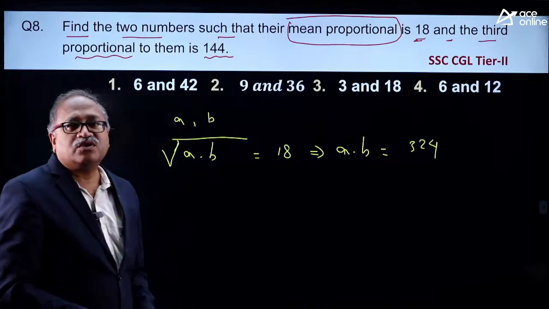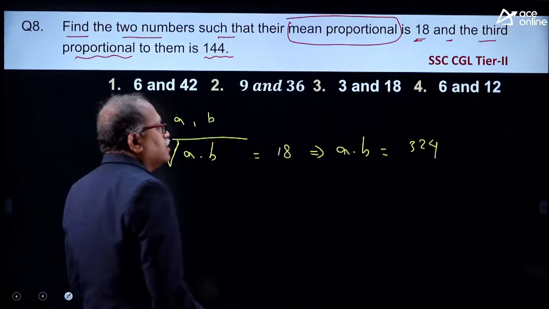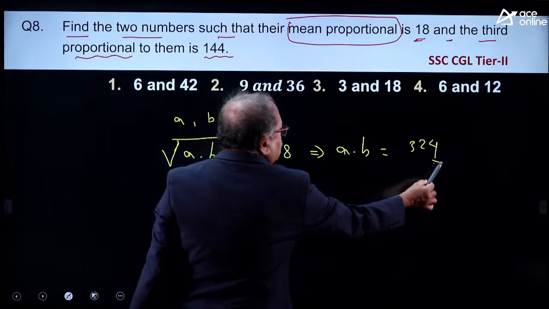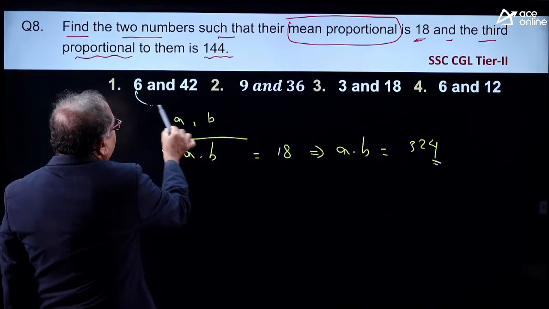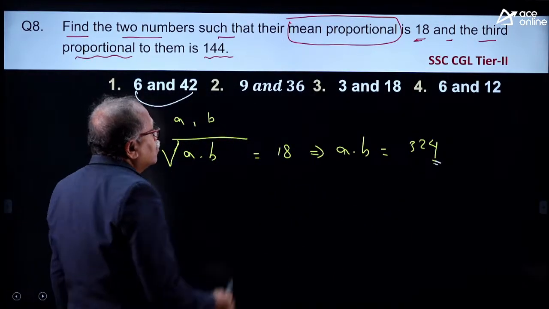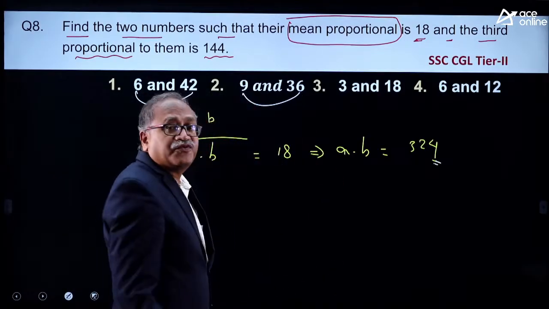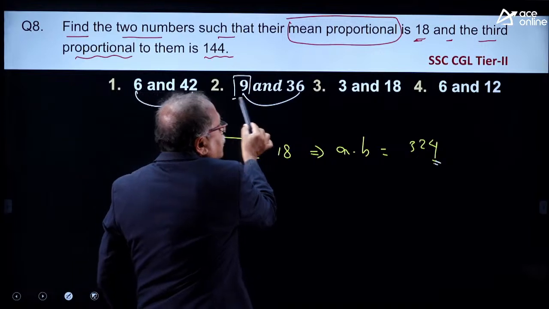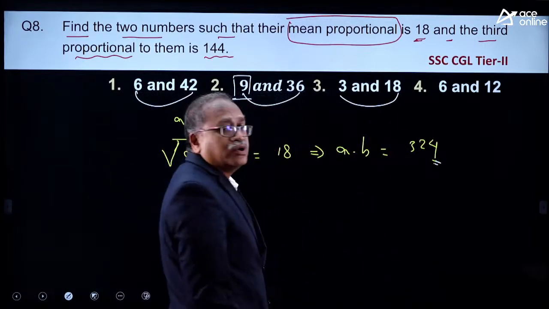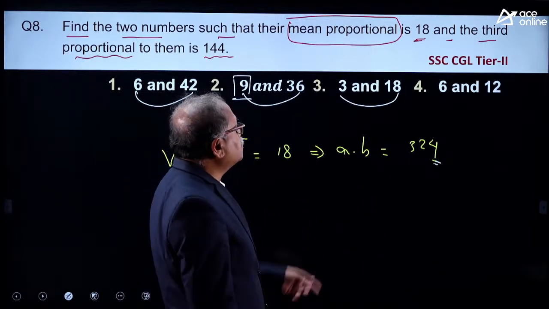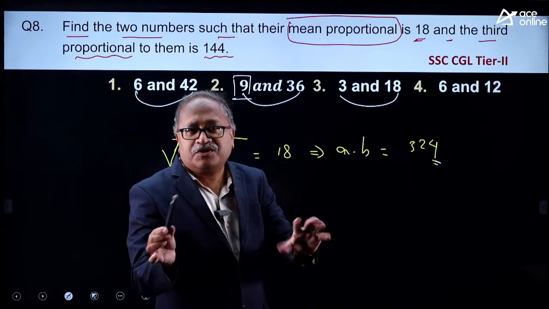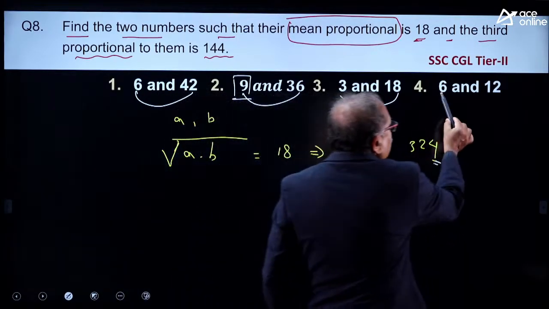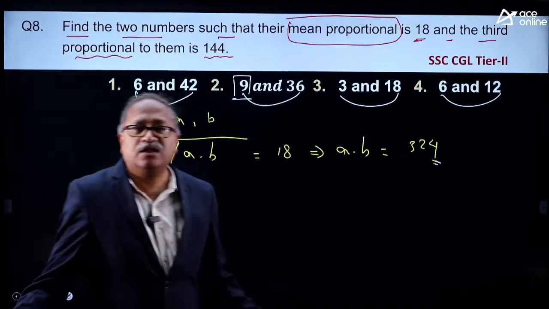The product of the two numbers should be such that I get 324, where the unit digit is 4. So 6 into 9 is 54, the unit digit is 4, this is possible. 3 into 8 is 24, so maybe possible, but I know that 18 into 3 will not give you 324. 6 into 2 is 12, so I will eliminate this.